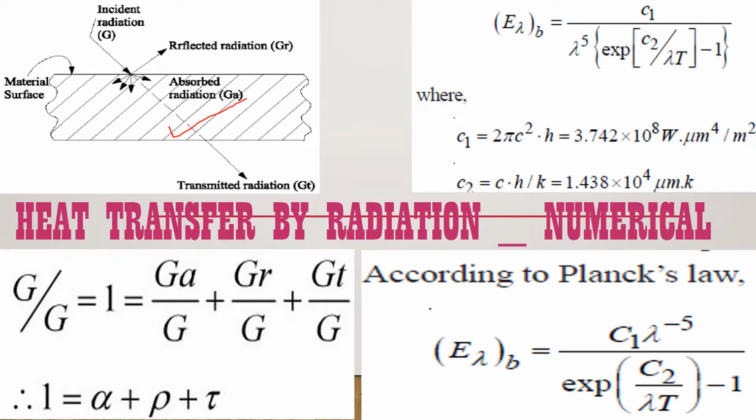This is talking about absorptivity, reflectivity, transmittivity. We discussed Planck's law, Wien's displacement law, and absorptivity plus reflectivity plus transmittivity equals 1. So all the theory we have discussed till this point, the numericals will be based on that. So let's start the numerical part for heat transfer by means of radiation based on governing laws.